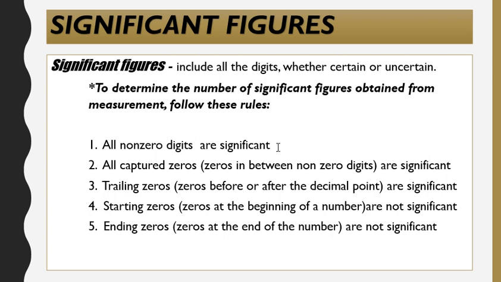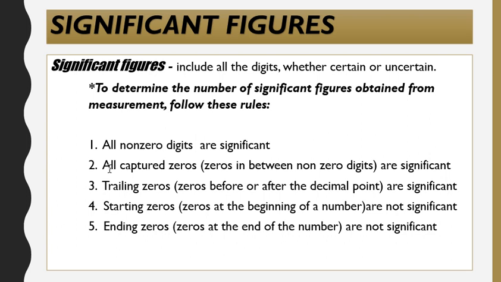Now, there are rules that we have to follow in determining the number of significant figures obtained from a measurement. First rule, all non-zero digits are significant. Take note, all numbers that are not zero, so 1, 2, 3, 4, 5, 6, and so on, are all considered significant. Zero is not significant.